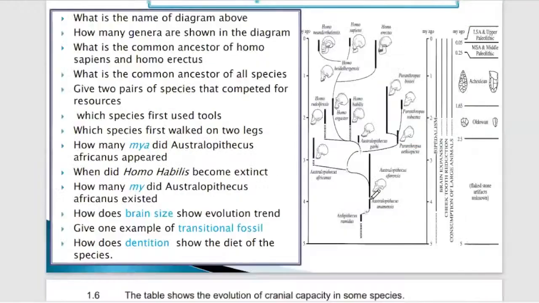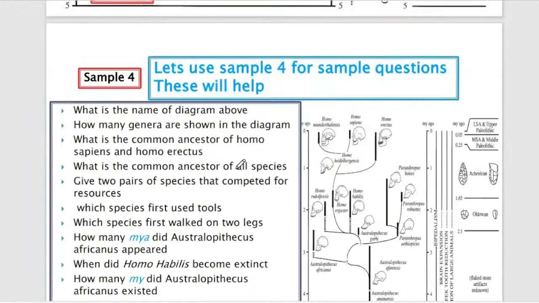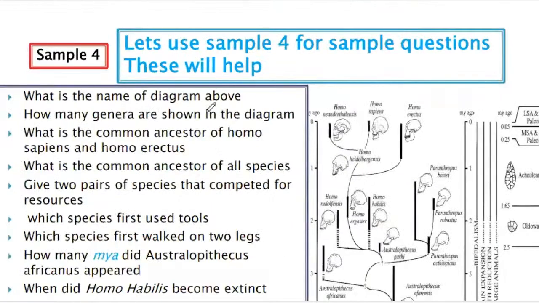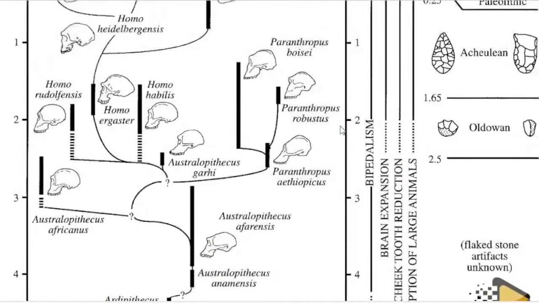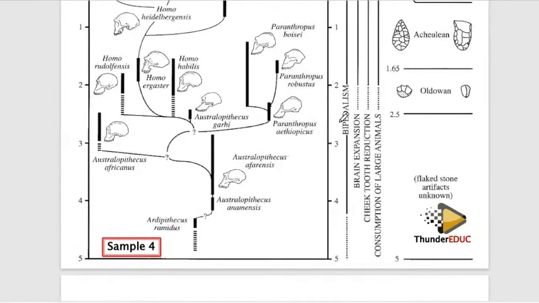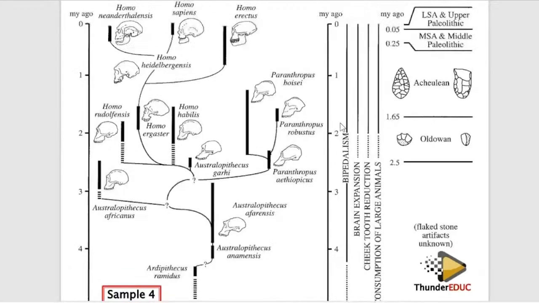Here are the questions. These are the questions we're going to talk about. What is the name of the diagram given above? It's called the phylogenetic tree. How many genera are shown? When they talk about genera, you look at the first name. Ardipithecus is the first genus, Australopithecus the second, then three, Paranthropus.